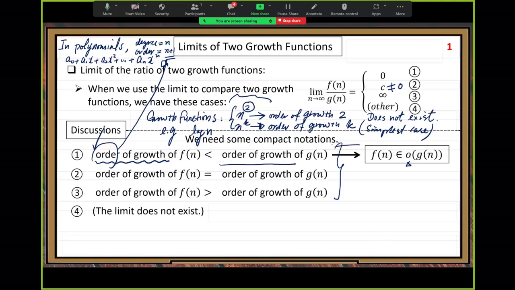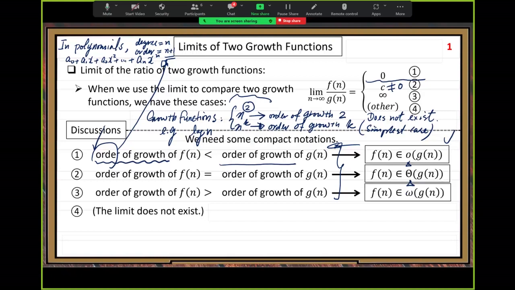Its meaning is that the limit ratio equals 0. Case 2, we use another asymptotic notation, big theta. Case number 3, we use a third asymptotic notation, little omega.